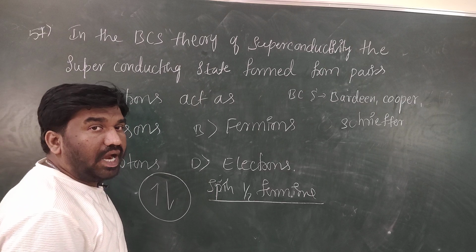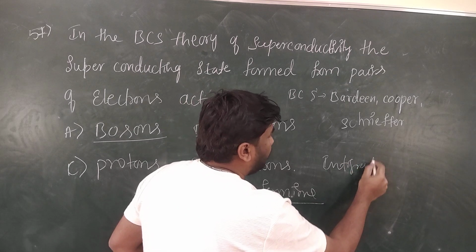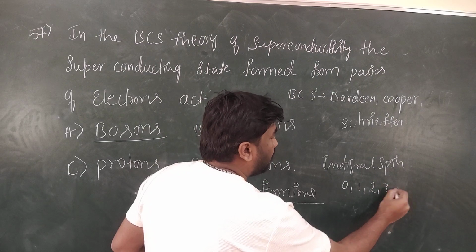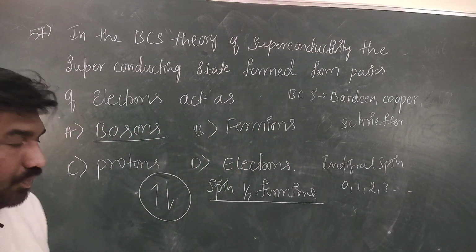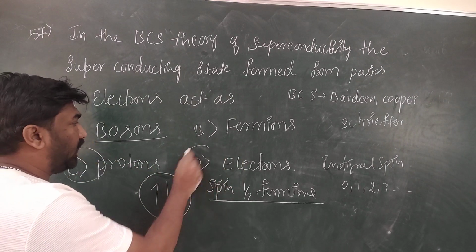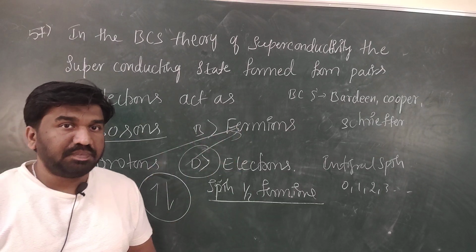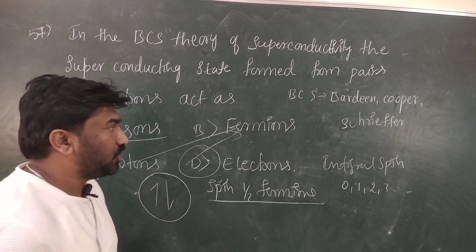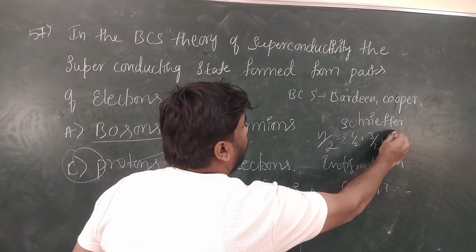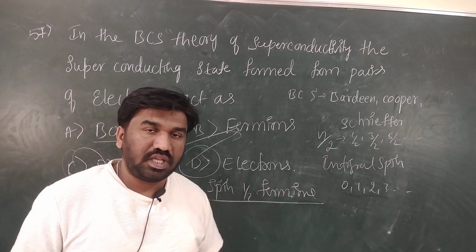Bosons are integral spin particles, that is 0, 1, 2, 3 like that, an integer number of spins. Protons and electrons belong to fermions. Fermions have spin like 1 by 2, 3 by 2 or 5 by 2, and so on. So these are all fermions. If the spin is integral, then these are all bosons.